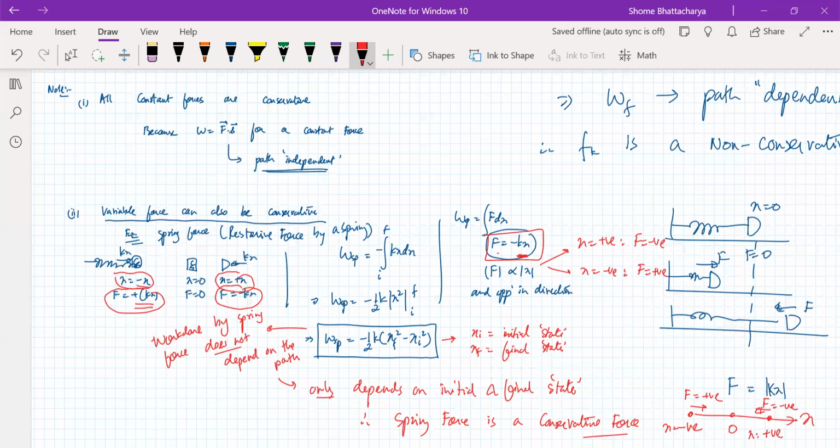So when we use that definition of the spring force to calculate the work done, we come up with this formula. Now this formula shows us that it's independent of path.